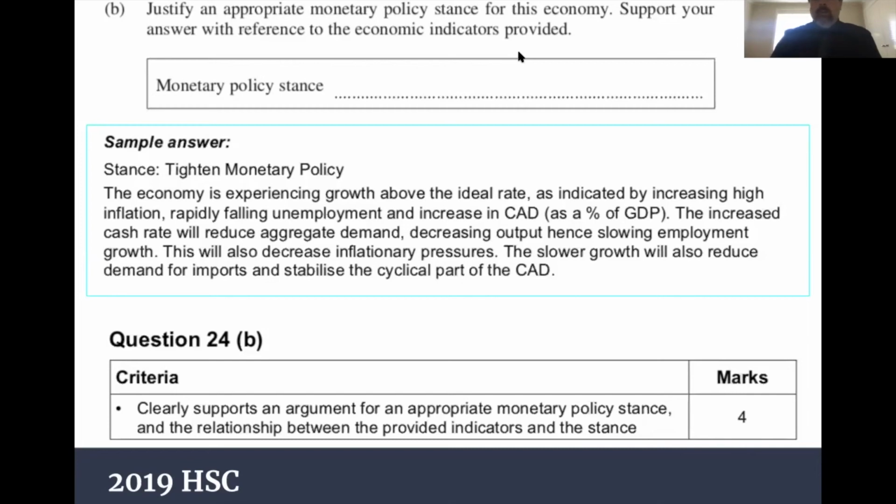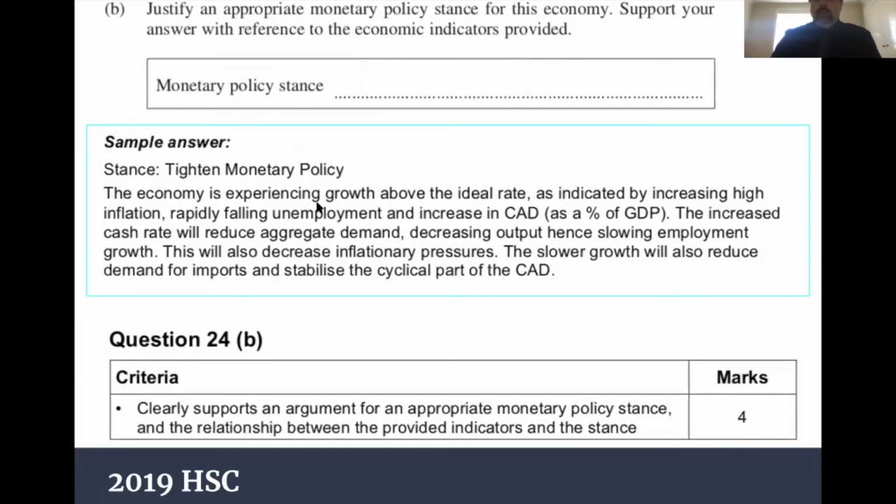Okay, so in this particular question I've taken out, the data suggests that there is a tightening of monetary policy. So in your answer, you would put the stance in the box provided. Now I apologise we haven't got the actual data there to look at, but when you go back and have a look at last year's exam, that'll help you with this one.